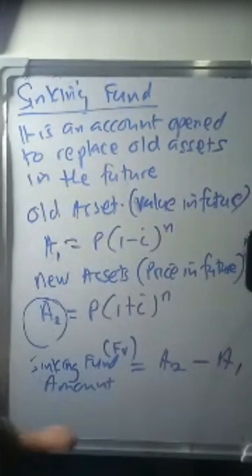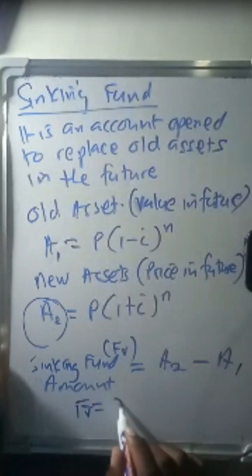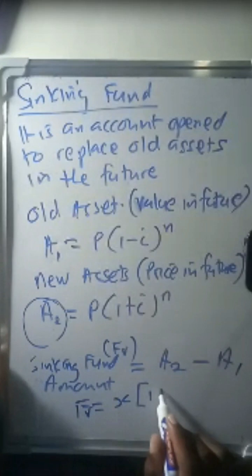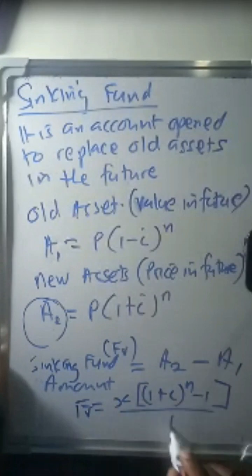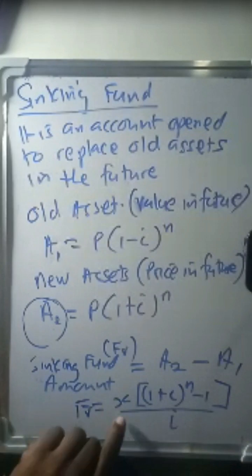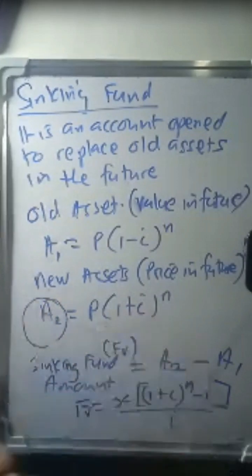To calculate how much money we need to deposit in the sinking fund account, we use FV is equals to X into 1 plus I to the power of N minus 1. This is the future value formula. So usually we want to calculate this because this one is this amount. Then the other stuff we are given.